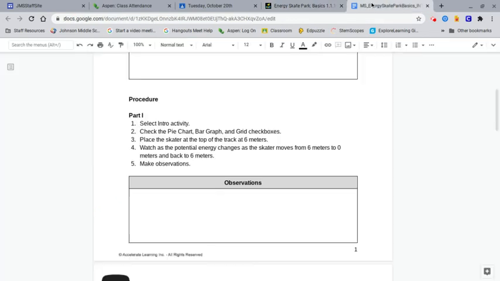So the directions say for you to place the skater at the top of the track at 6 meters and watch. And you're going to make observations by either typing it on the document if you can't find your paper packet, or by writing it on the paper in the packet that you were given.